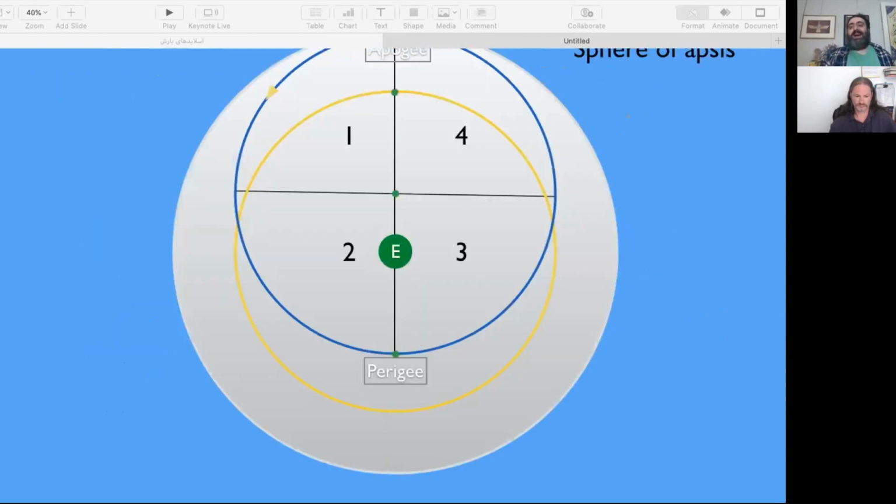Then again, we have the sphere of Apsis. Here we have Earth in the center. It's really funny because in Persian astrology and ancient astrology, they were thinking of everything in the form of a circle, not other forms. So to explain how the apogee and perigee should be determined, they have a point outside the center. Earth is in the center, and they have a point outside the center.